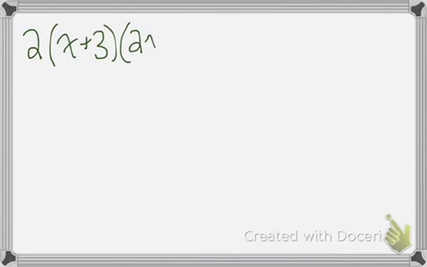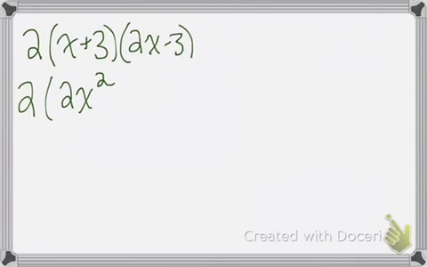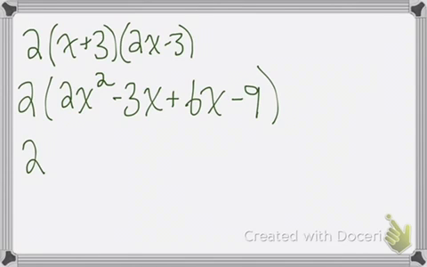Okay, so we've got 2 times (x plus 3) times (2x minus 3). Let's just do that one out. Obviously, we've got 2 other combinations to do, but we're going to have 2x squared minus 3x plus 6x minus 9. Let's simplify.